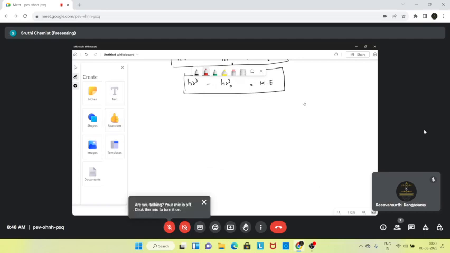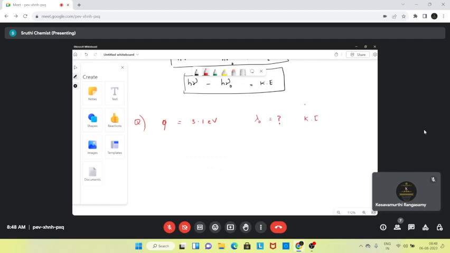Write the question. Oh, no need. The question is: the work function is given as 3.1 electron volt. Then they are asking for the threshold wavelength, lambda naught. Threshold in the sense lambda naught they are asking.